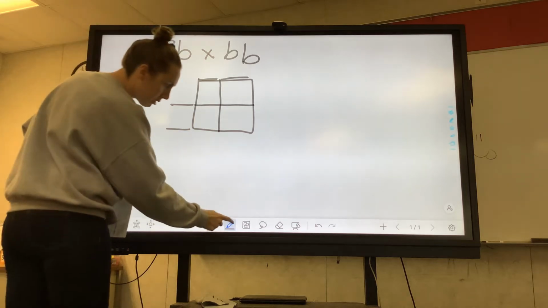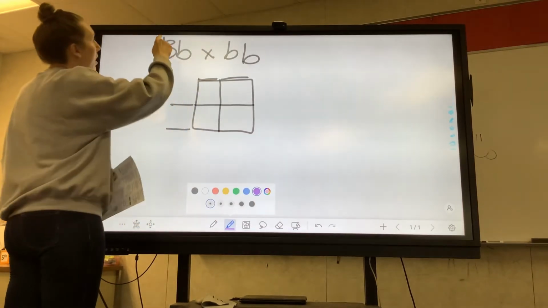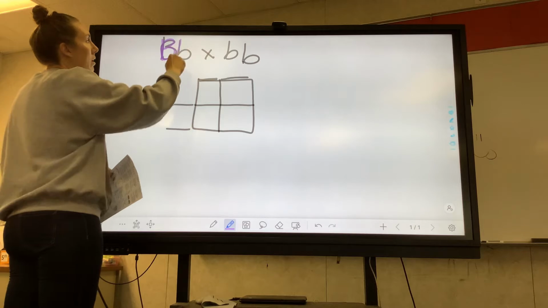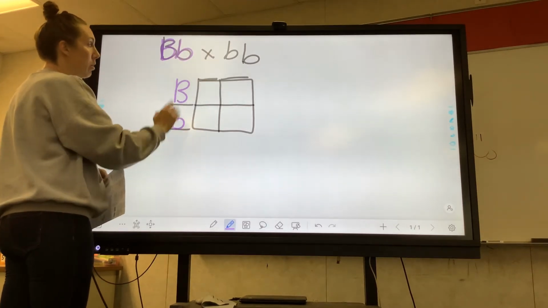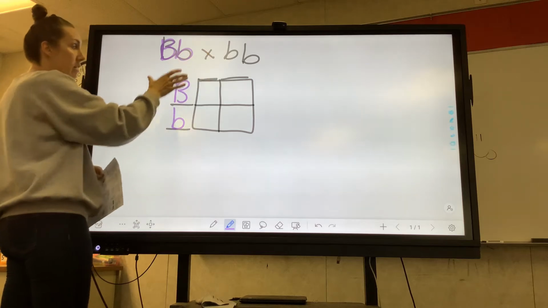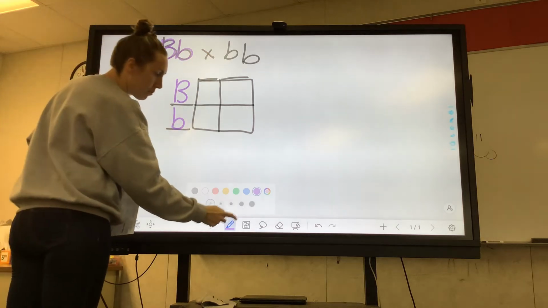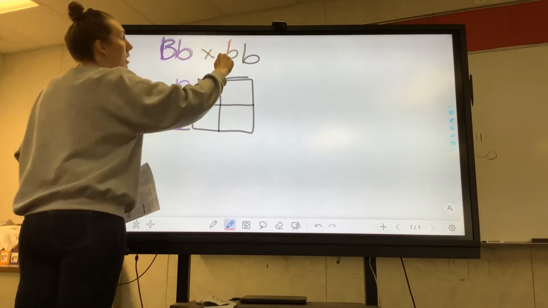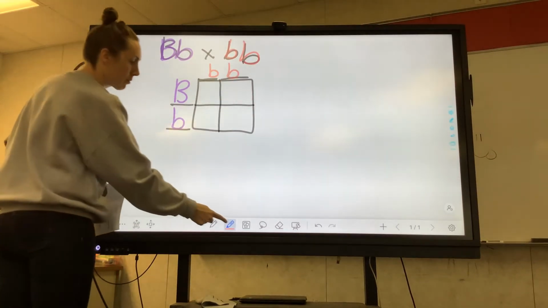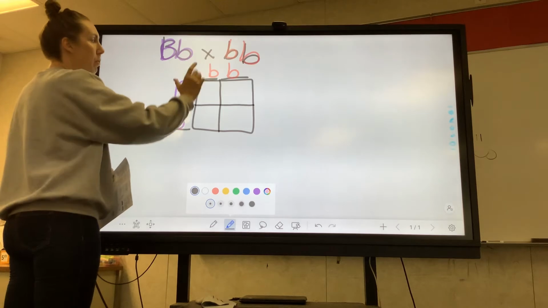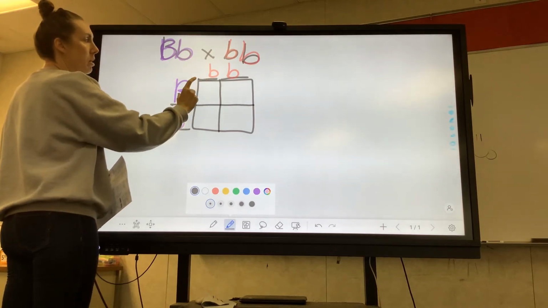So I'm going to pick another color and say, okay, big B, little b, they're going to be right here. You don't put one here and one here. They stay on one side. Okay? Then I'm going to go to another one. Little b, little b, they go together across the top. Okay? So bringing them down, you always want to do the big one first.